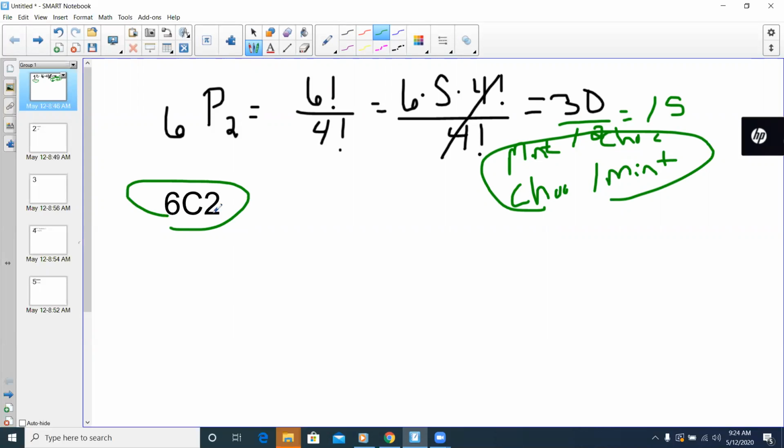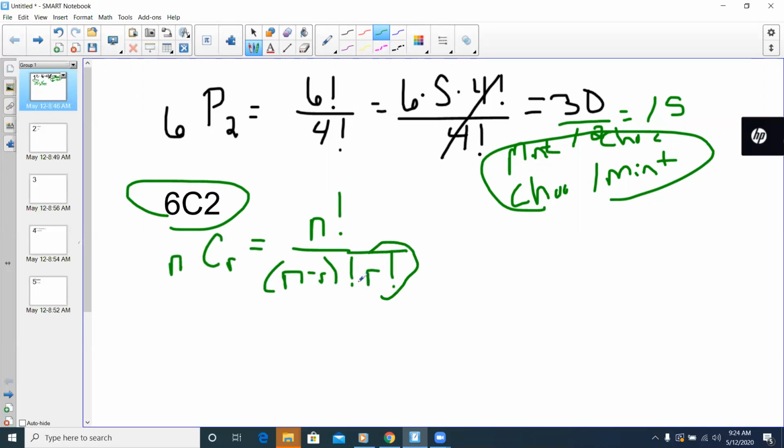So in your calculator, instead of finding the P, you want to find nCr, and that is n factorial divided by n minus r factorial times r factorial. So this r factorial divides out all the arrangements, so that it's only counted as once, okay? So for this, this is going to be 6 factorial divided by 6 minus 2, which is 4 factorial, and our r is 2 factorial.